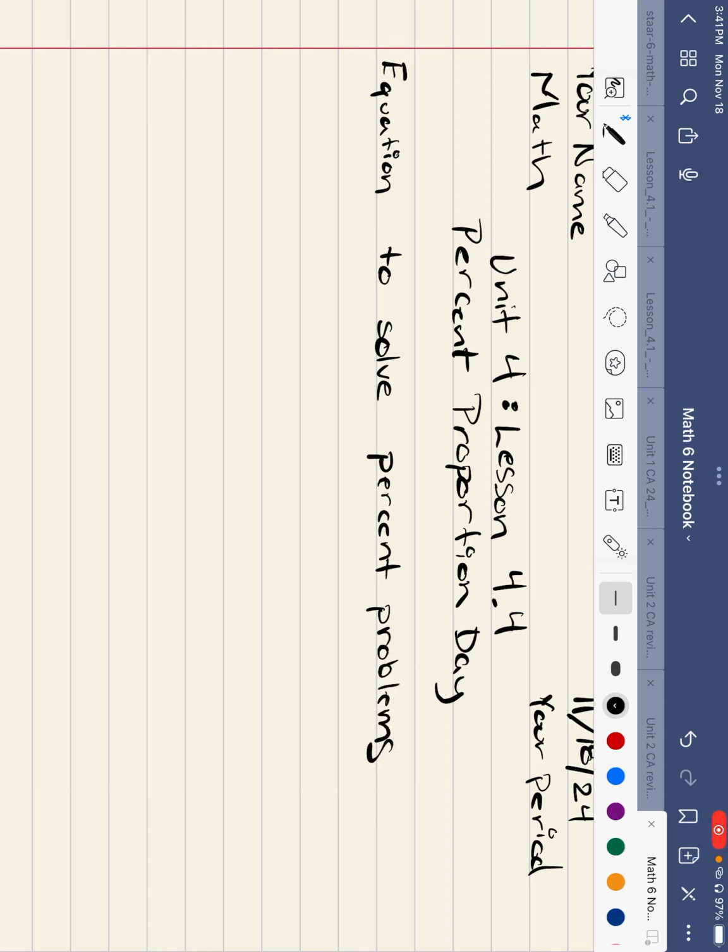And the equation we're actually going to use for this is what we call is over of. And it's going to be set up like a proportion. So it's two fractions. So it's is over of is equal to percent over 100.